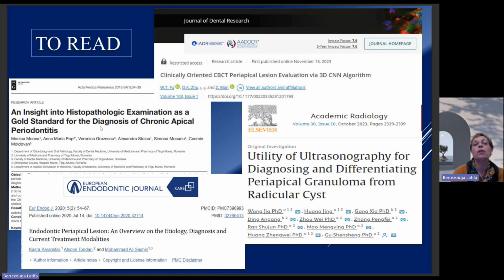Or an insight into histopathologic examination as a gold standard for the diagnosis of chronic apical periodontitis. Or here also, very interesting, endodontic periapical lesion, an overview on the etiology, diagnosis, and current treatment modalities. This is really a very interesting paper. Or here, for example, the utility of ultrasonography for diagnosing and differentiating periapical granuloma from necrosis.